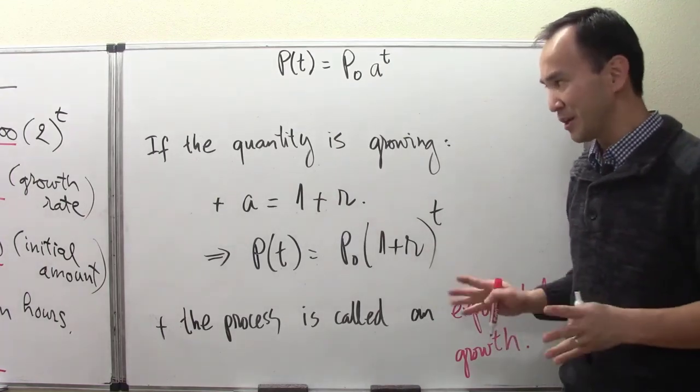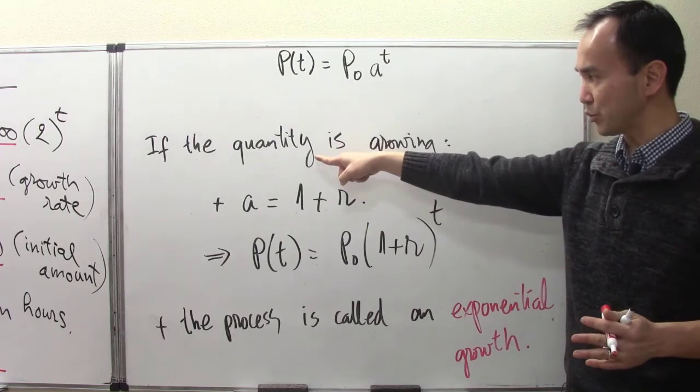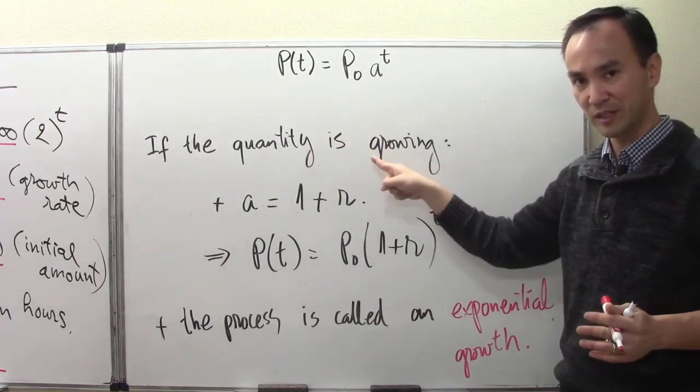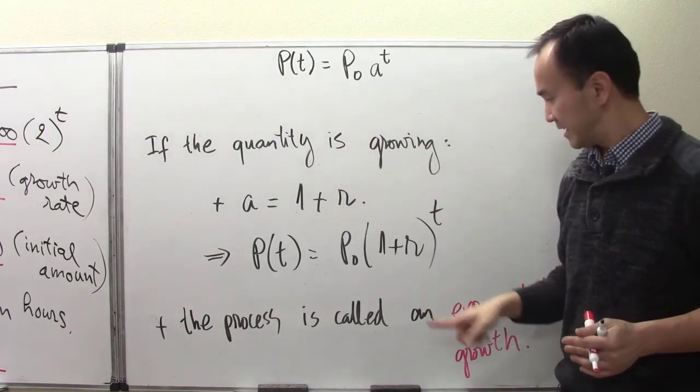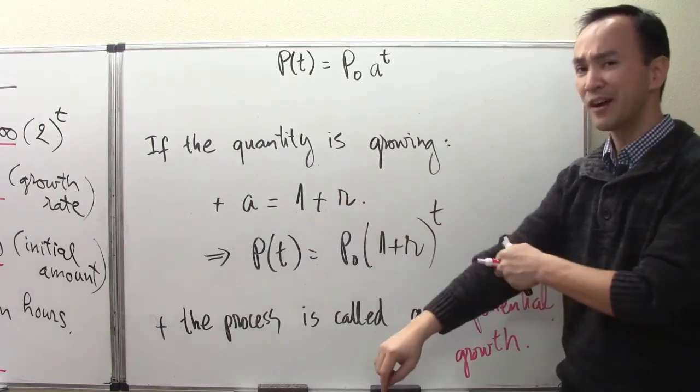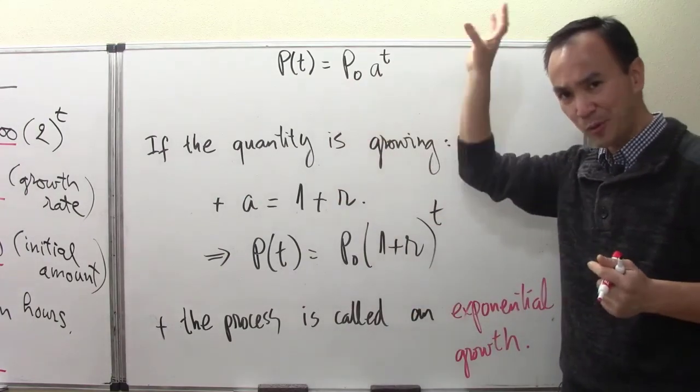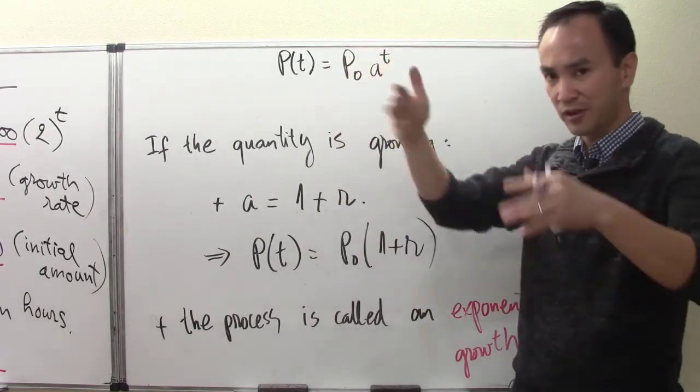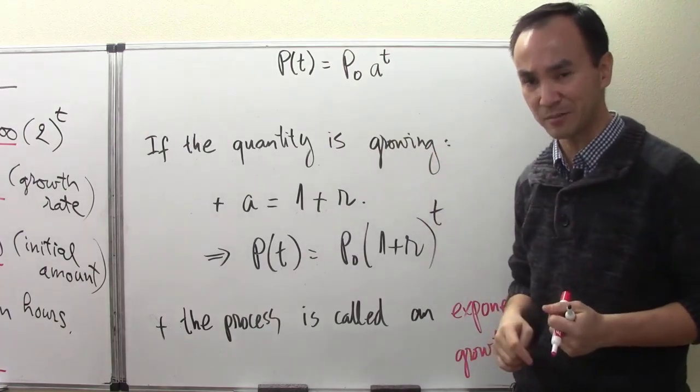And so now that's the case where the quantity is observed to be growing. That's the highlight. So now similarly, same function again, same quantity, if it's changing.